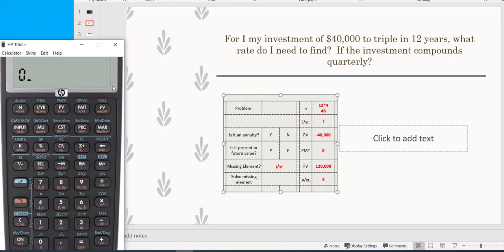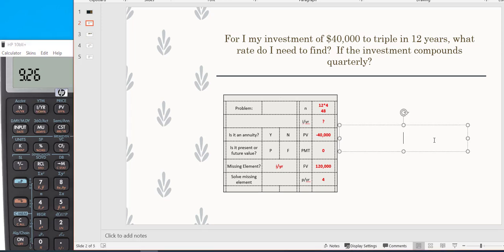My payment was 0. My future value was 120,000. And my payments per year was 4, so 4 orange PYR. And I'm looking for my interest rate. So I click rate, and I would need to find a 9.26% rate.